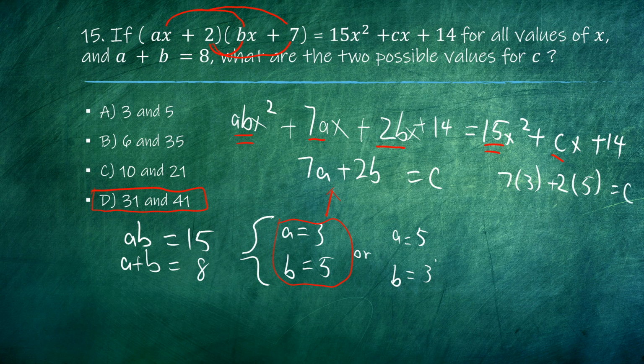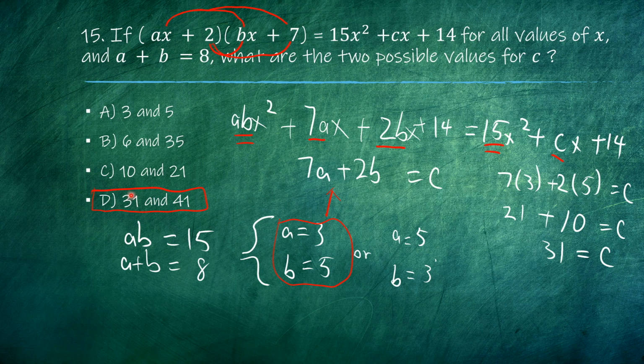And we have 3 times 7, 21, plus 2 times 5 is 10. So we know that 31 is c. So at this point, we're actually done, because look, of all the answers here, only answer D has 31 as one of the possible values, right?